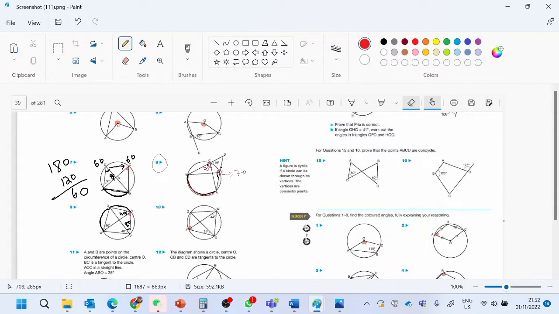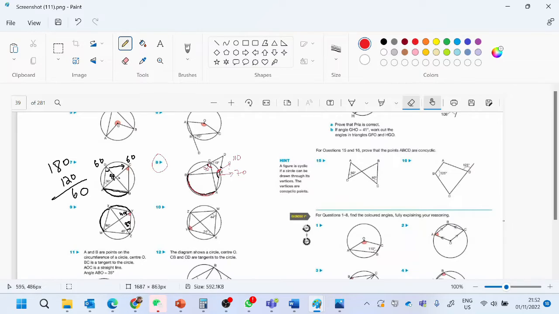And if this one is 70, then on a straight line it will be 180. So we can find this angle by subtracting this 70 from 180, and that will be 110. So this angle will be 110, which we need to know.